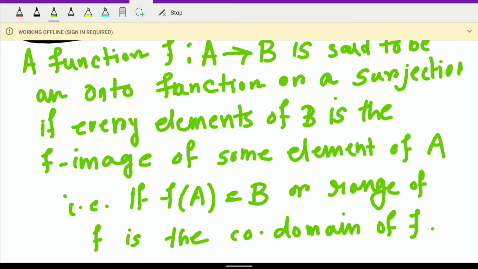So here f maps A to B is a surjection if and only if for each b belongs to B.